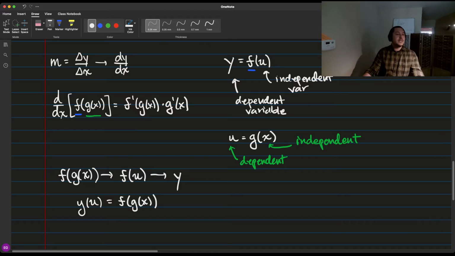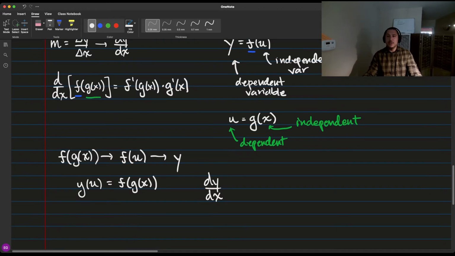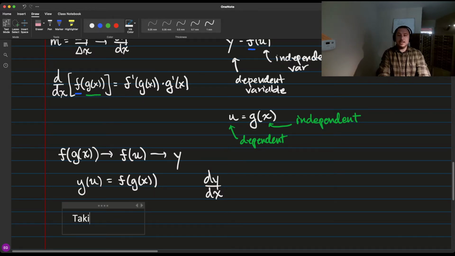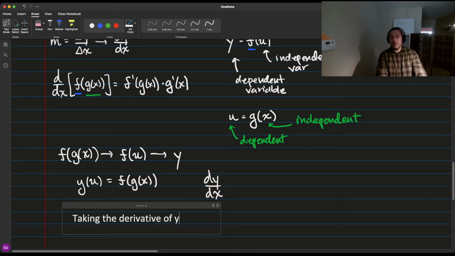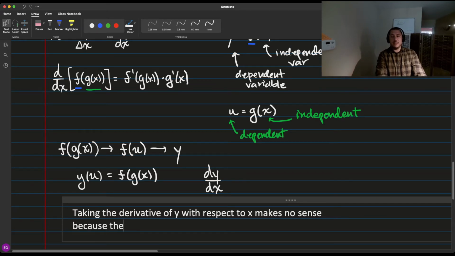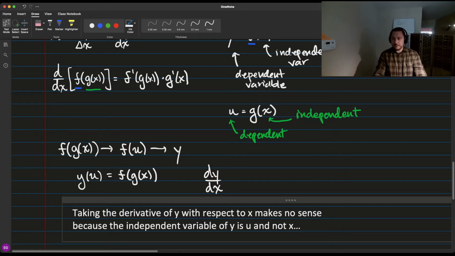And this is basically the problem here. There's a mismatch. You can't take the derivative of y with respect to x, because u is its independent variable. Taking the derivative of y with respect to x makes no sense because the independent variable of y is u and not x.